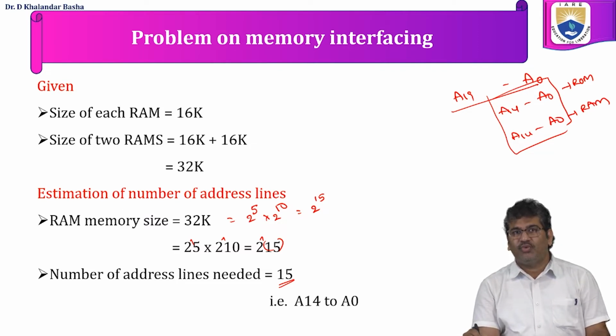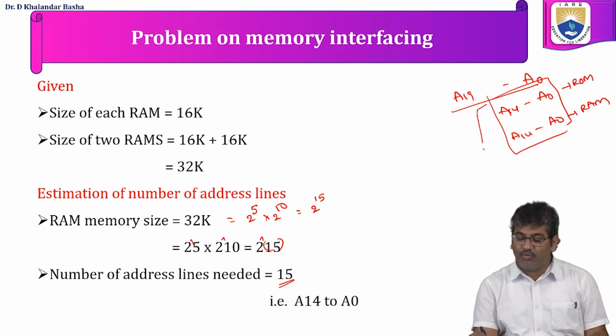So if it is provided with any address between A0 to A14, it may access any one of the memory locations of ROM or RAM, because the address will exist for both the blocks. For differentiating this, we will add one more bit. If it is 1, we will access RAM. If it is 0, it is ROM.